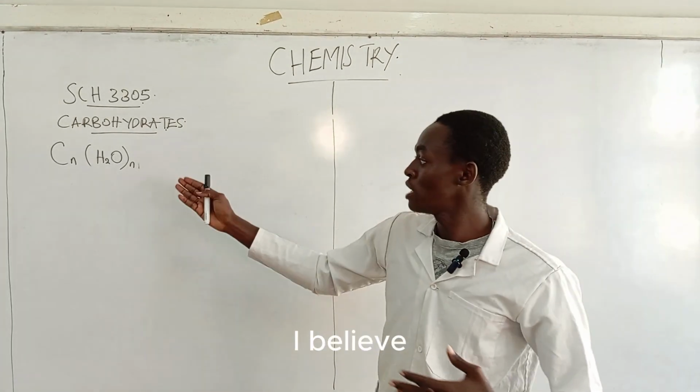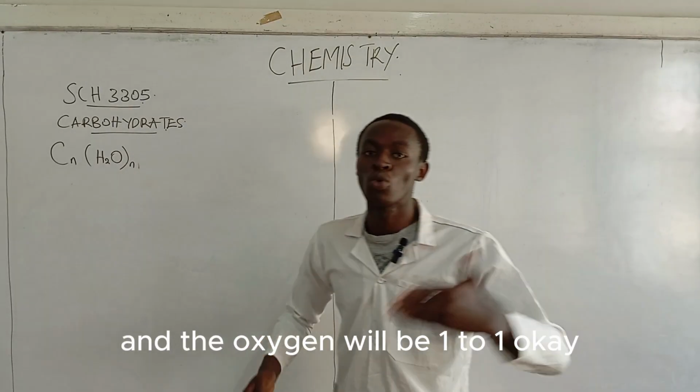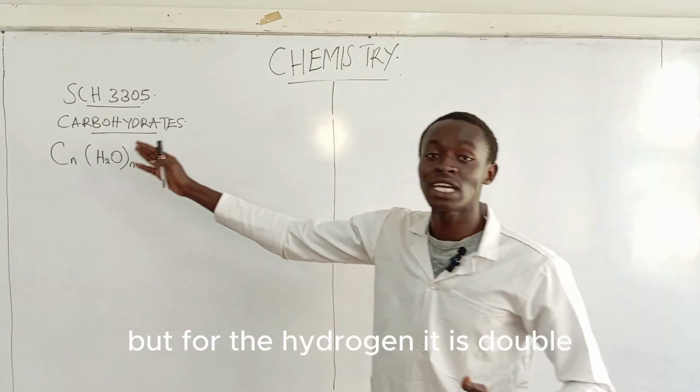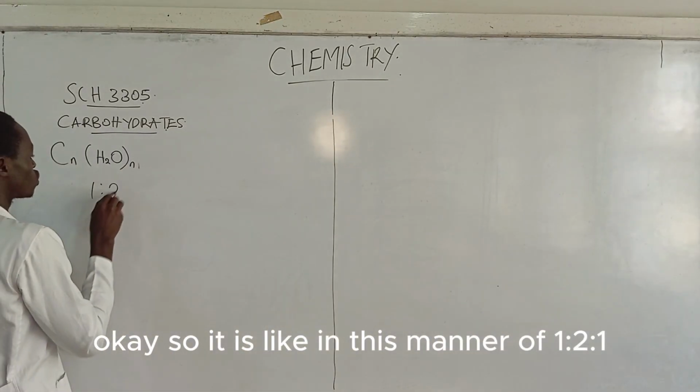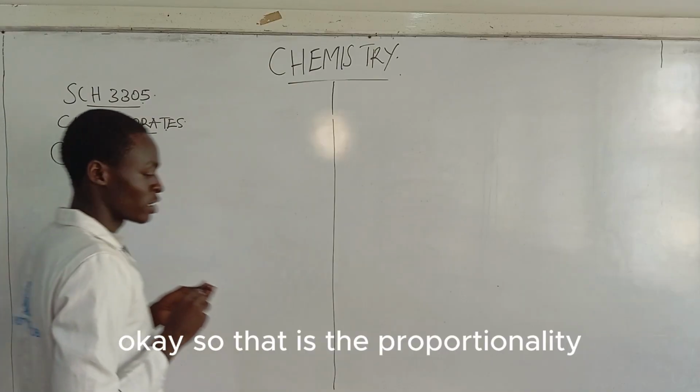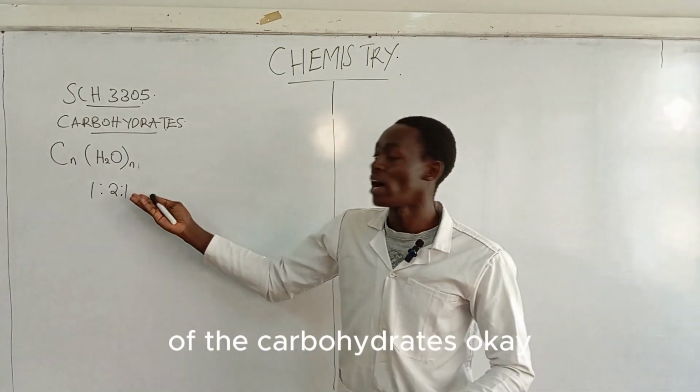From that, I believe you can see that the proportionality of carbon and oxygen will be 1:1, but for the hydrogen it is double. It is in this manner of 1:2:1. So that is the proportionality of the carbohydrate.